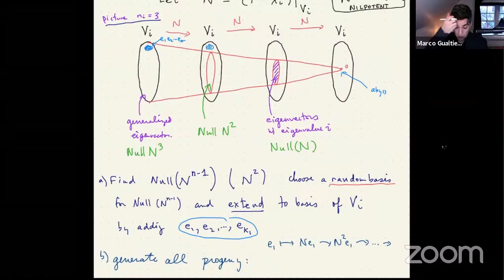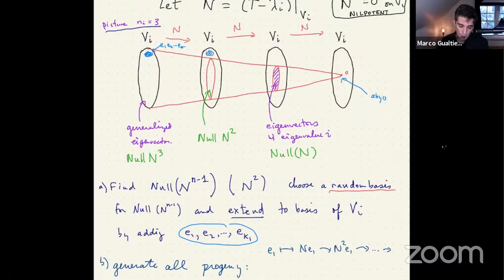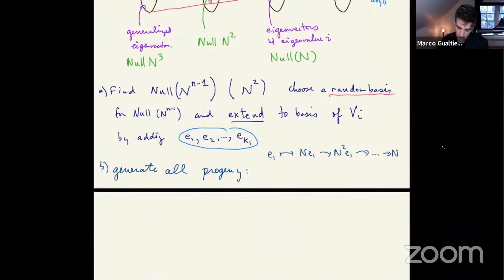In this case, it would just be n squared e1, because we would have e1, n e1, and n squared e1, and then 0. So it has to go 1 less. It'll be n to the power n minus 1 e1. And we do the same thing for ek.